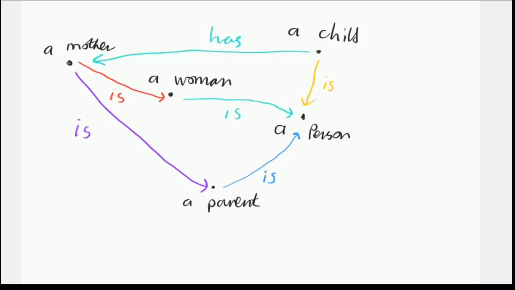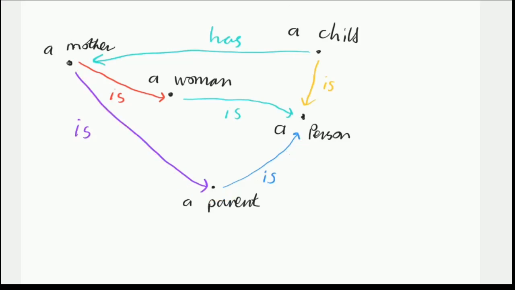We can also think of it as specifying a function, sending every mother to a parent. And when we compose functions, this translation into language still makes sense if we add in words like which. So a mother is a parent, which is a person. That would correspond to this composition here.